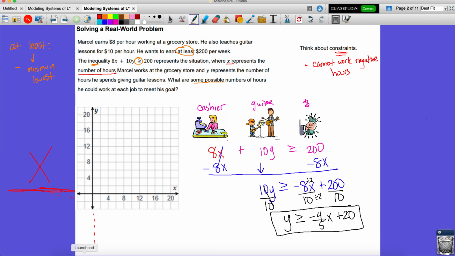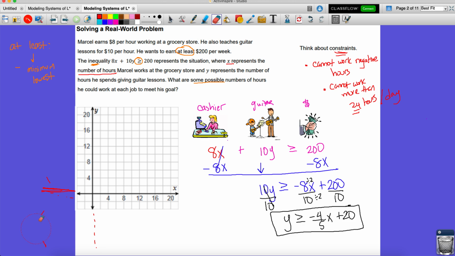We don't need any of that. This is all gone because this is the negative side. And we cannot work more than 24 hours. That makes sense because that's why the graph ends at 20, because you can't work more than 24 hours in a day. There's only 24 hours. So that's why we're only left with the positive quadrant.